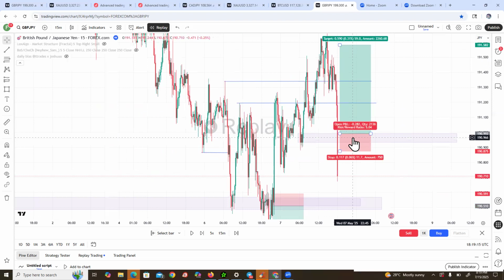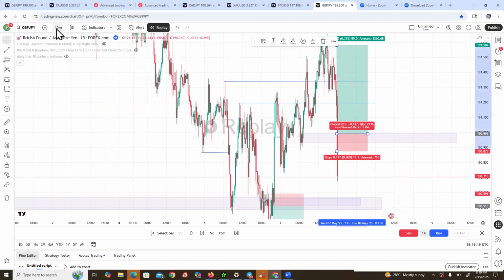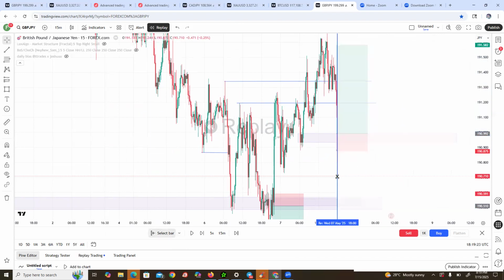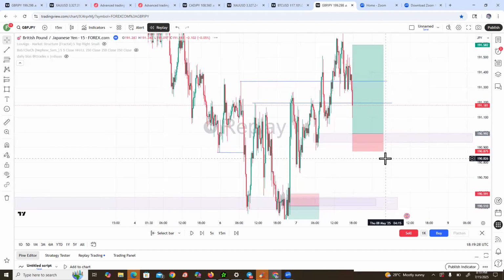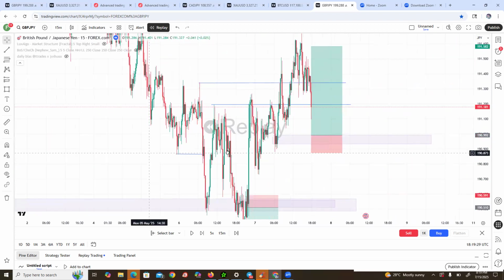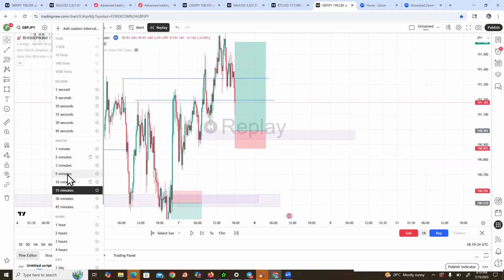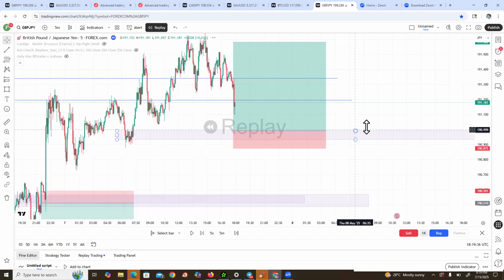This was where it tapped. Let me remove the last candle. Let's go to 5 minutes.